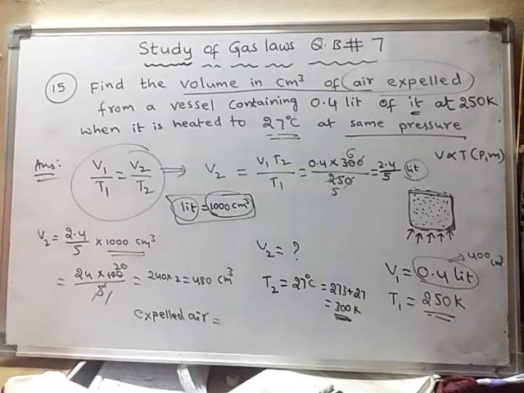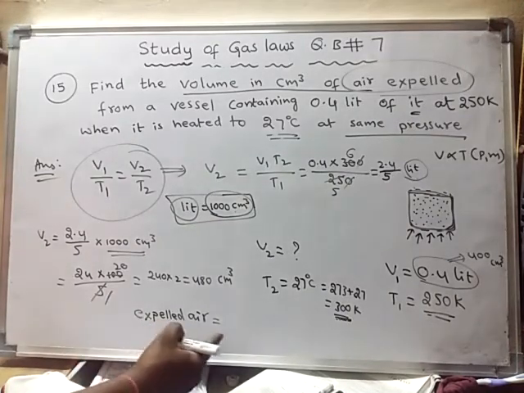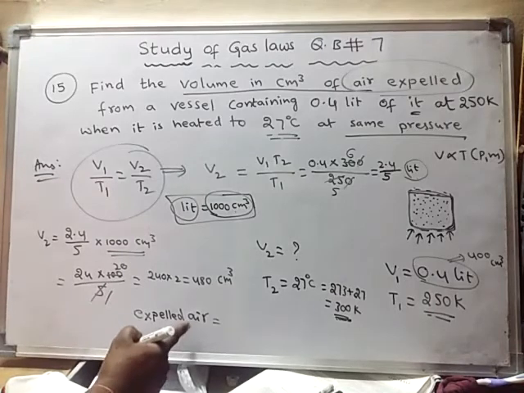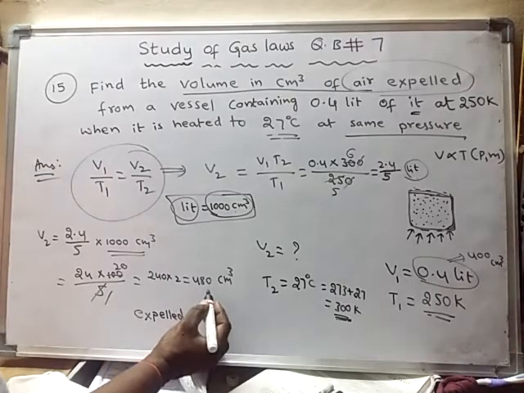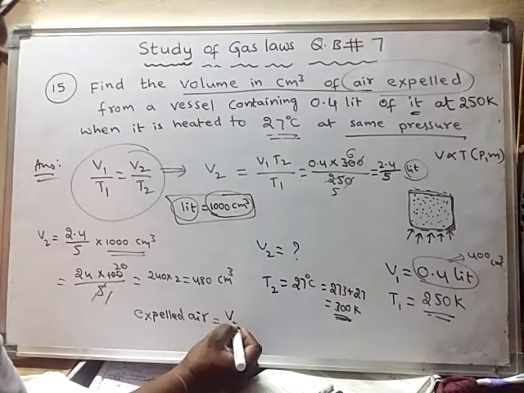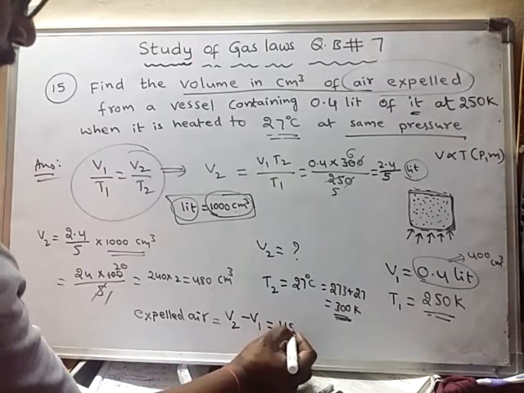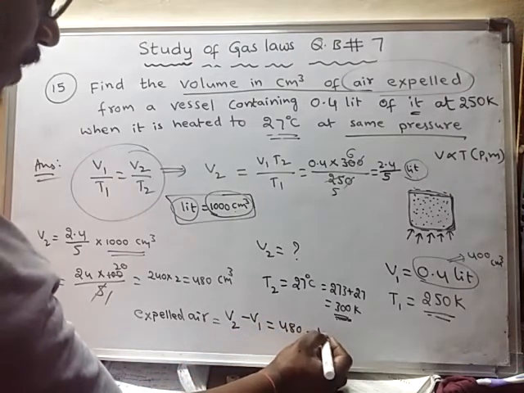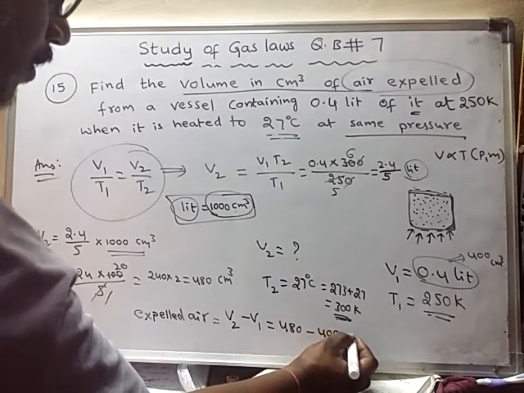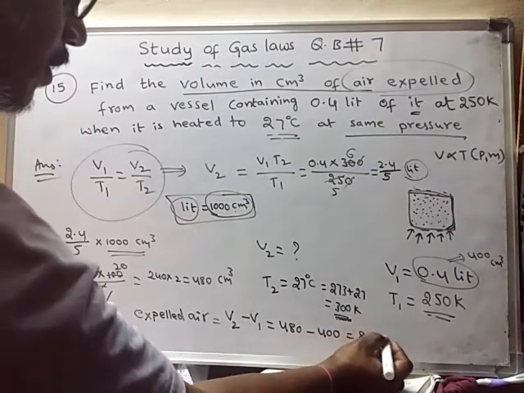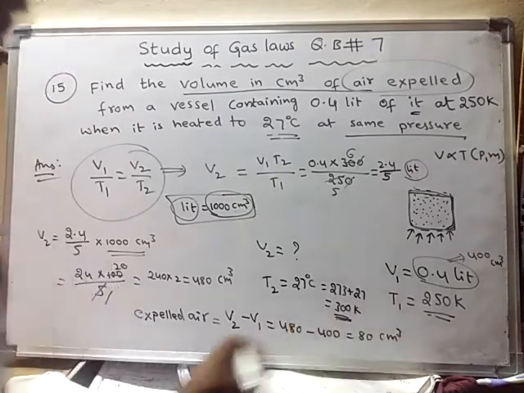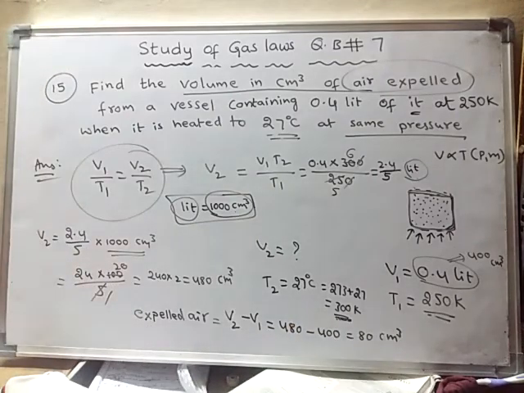We can find this by subtracting the initial volume from the final volume. From 480, if you subtract 400, then 80 centimeter cube of the air will be expelled.